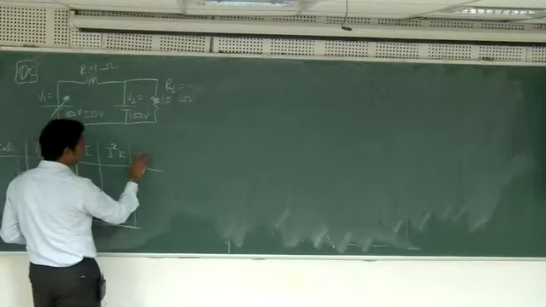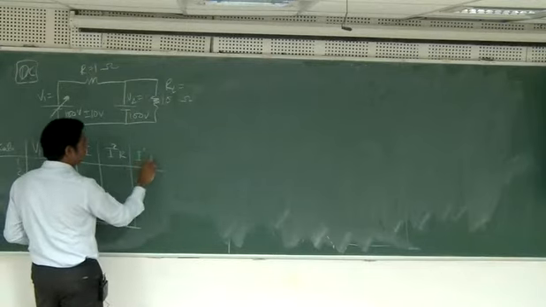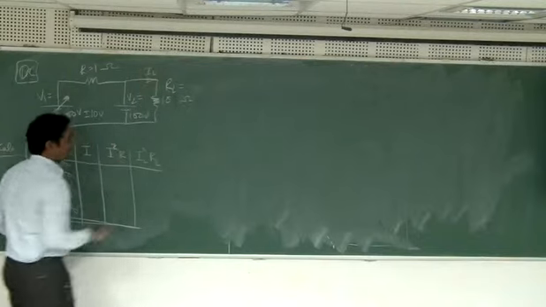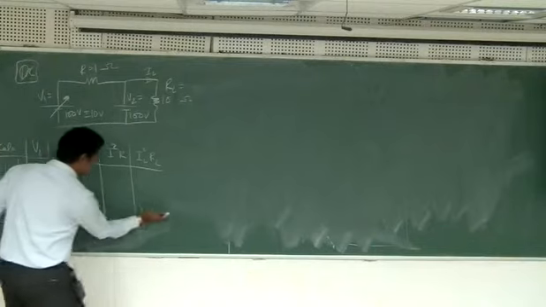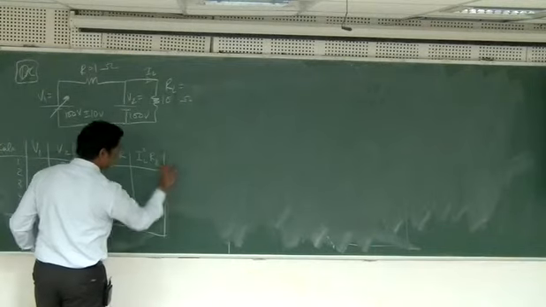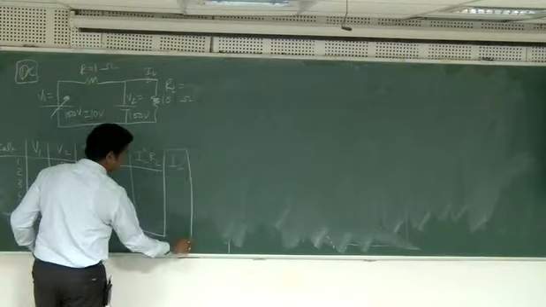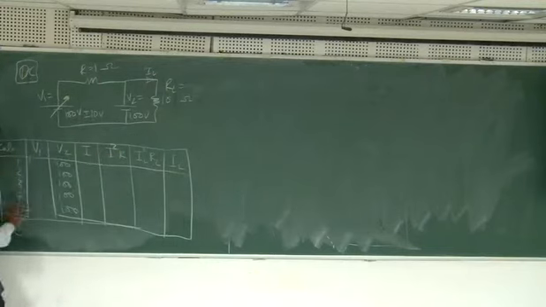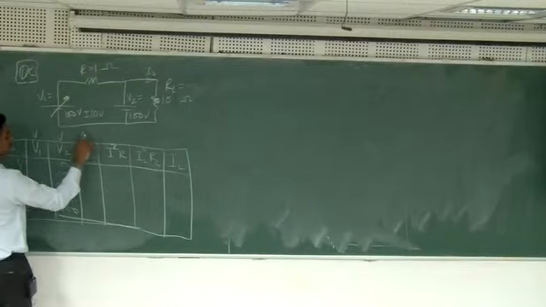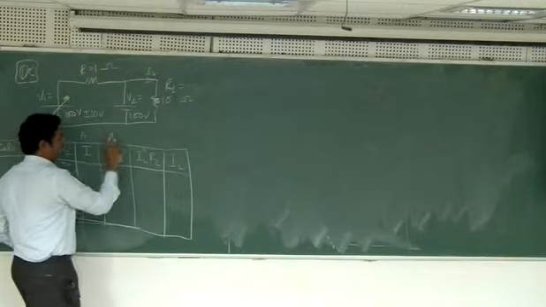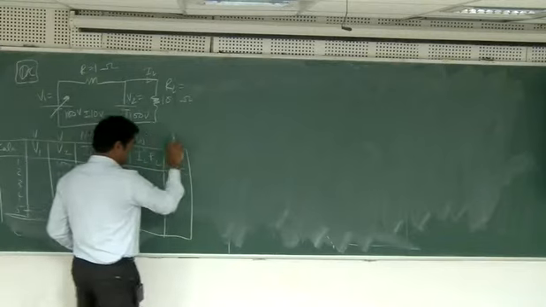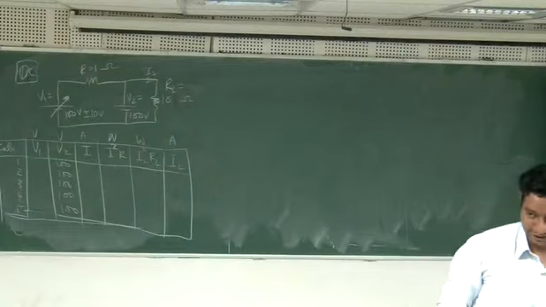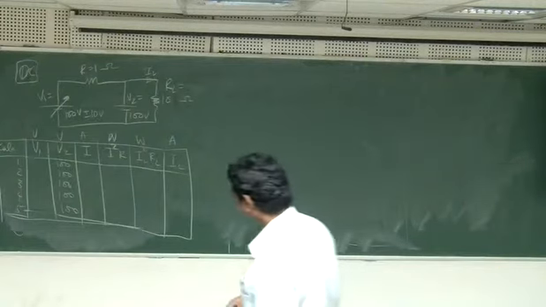And in each case I want to find out IL square RL. This is IL. For that, of course, you need to know what is IL. Units: this is in volts, this is in volts, this is in amperes, this is in watts, this is in watts, and this is in amperes. Because this is a DC circuit, very easy, so not a problem at all.